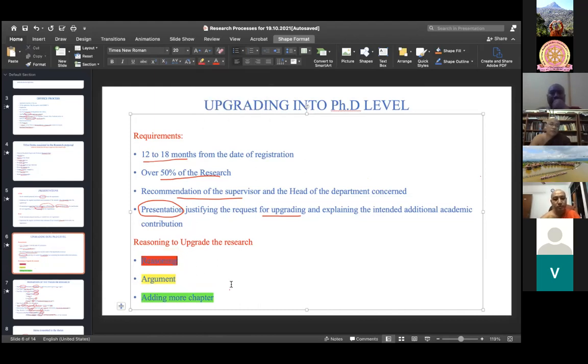Okay. So you mean that even though we have difficulty finding the reason to upgrade from entry level to PhD level, but we really want to upgrade our research, we need to take time, no need to give up, no need to reject our research, no need to change to another topic.